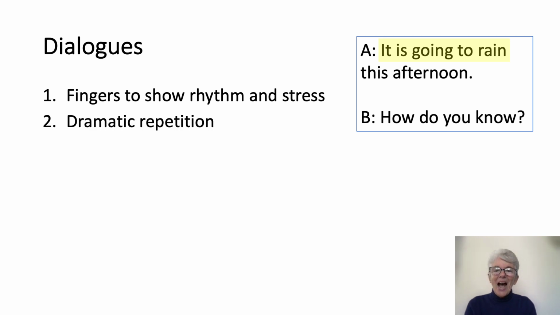Secondly, I do repetition, but I add a bit of drama. Your brother has headphones on. Say it loudly. It's going to rain. The baby is asleep. Say it quietly. It's going to rain. We need rain because of the drought.